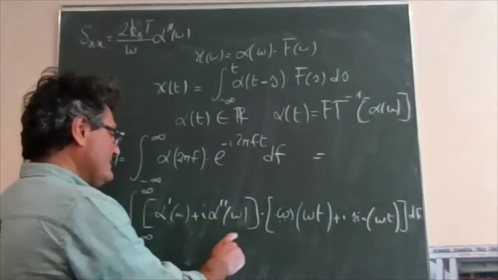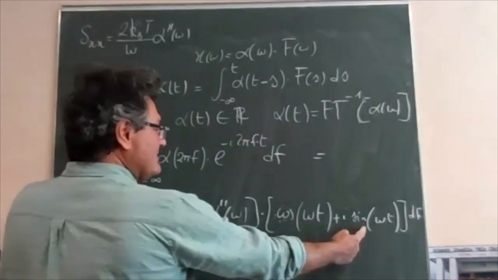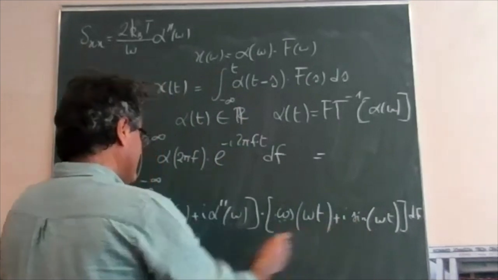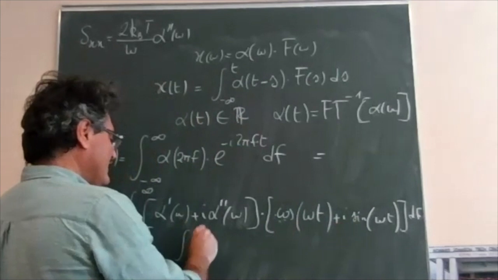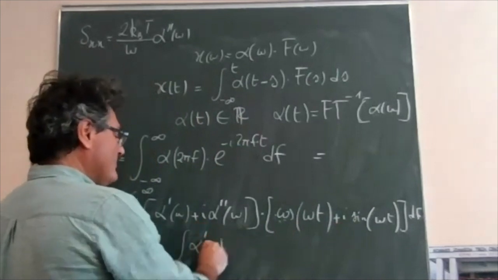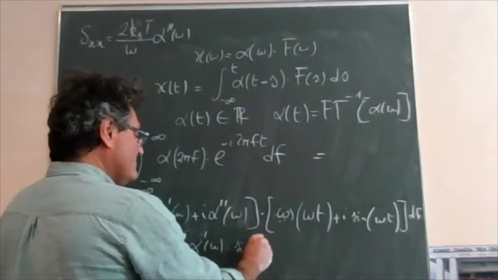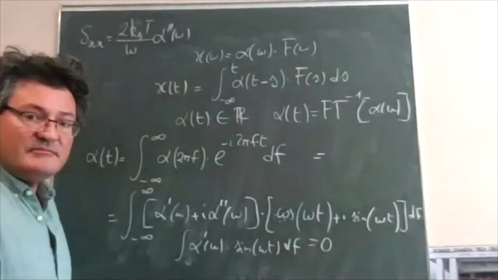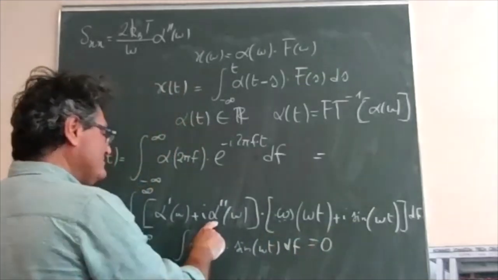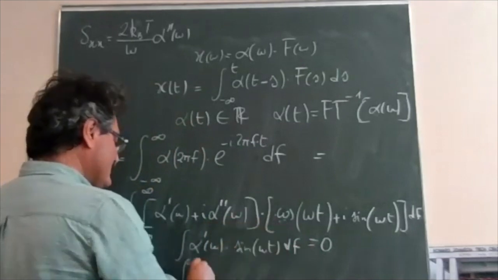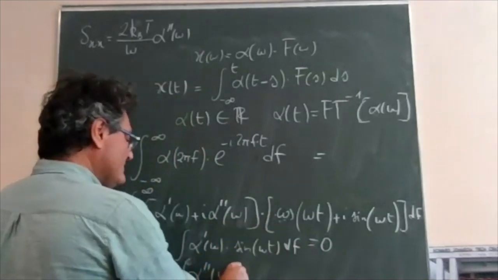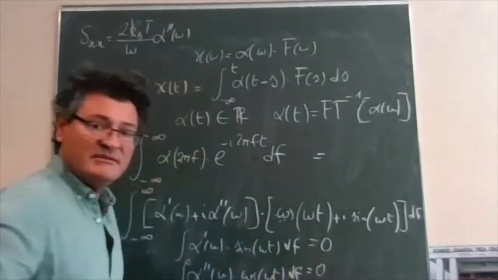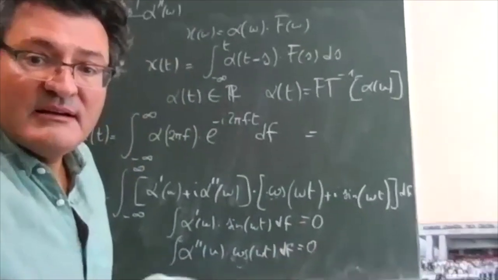The first is that the integral of alpha prime of omega times sine of omega t df must be 0. And the other is that the integral of alpha second of omega times cosine of omega t df must be equal to 0.